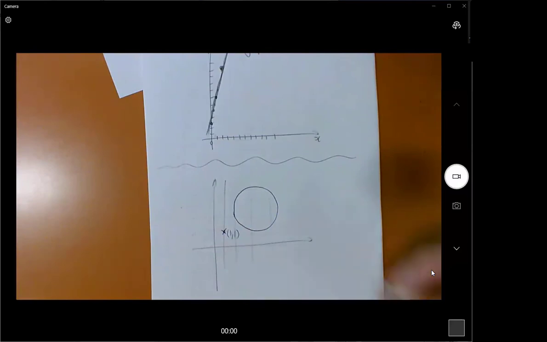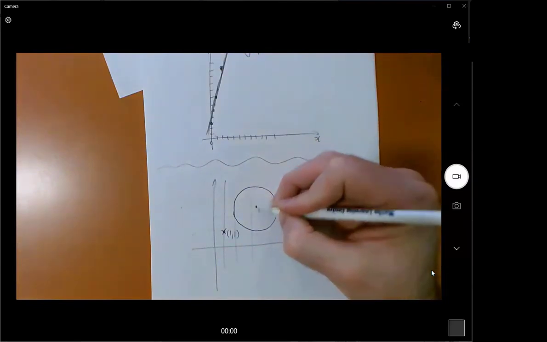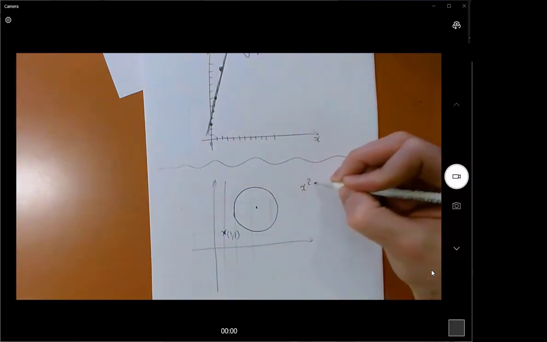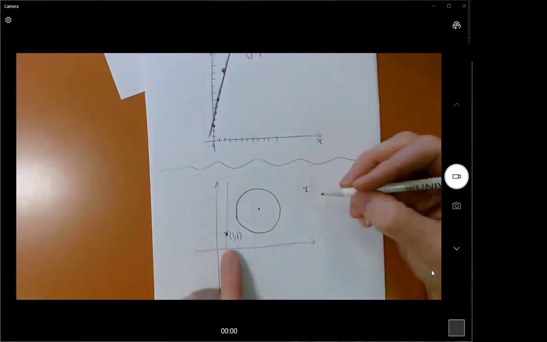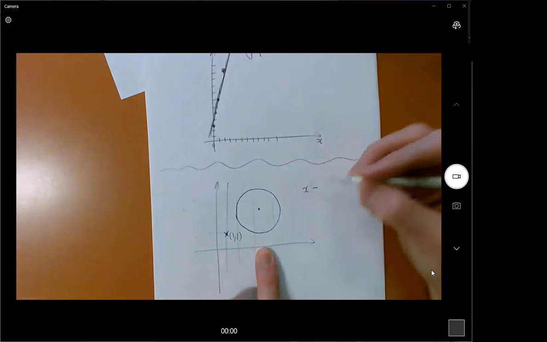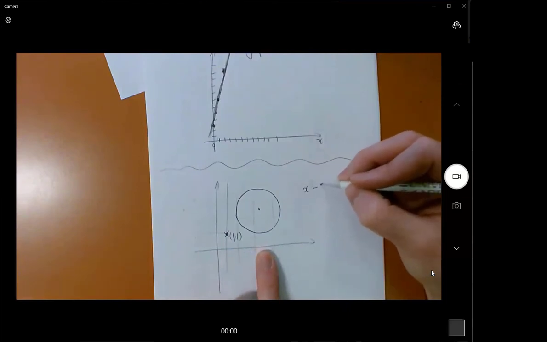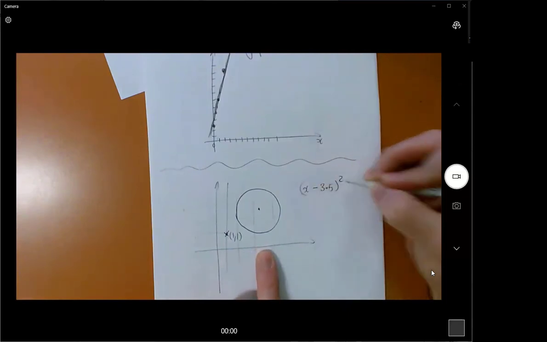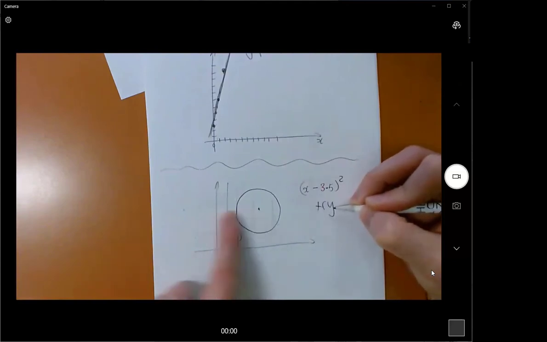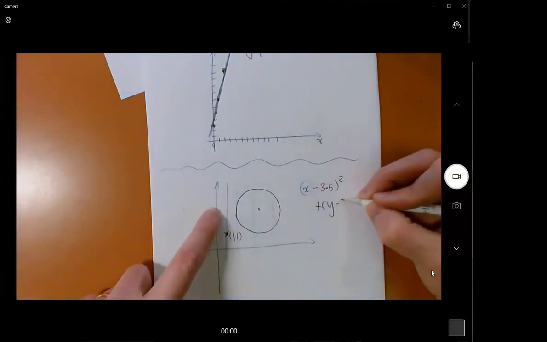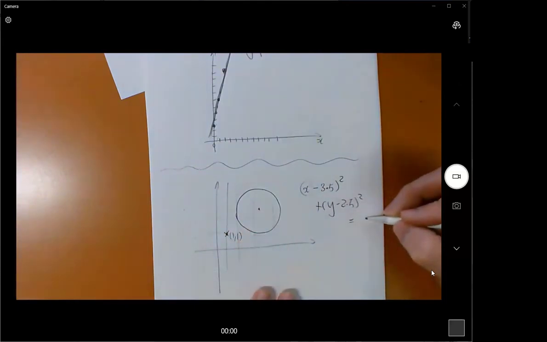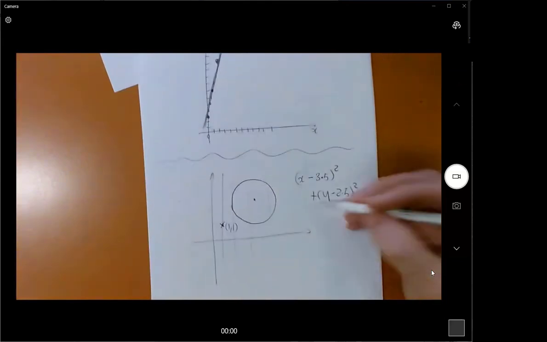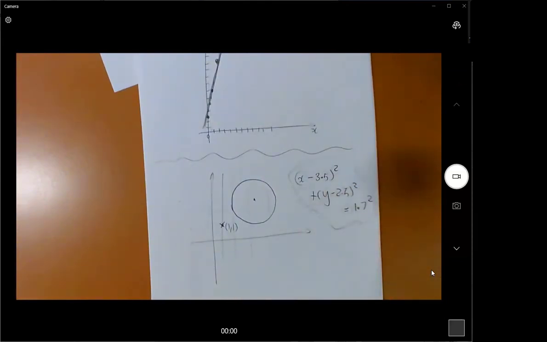And this one, for example, is probably, very careful, something like (x minus 3.5) squared plus (y minus 2.5) squared equals 1.7 squared. So this formula, it's not a formula at all, it's an equation.